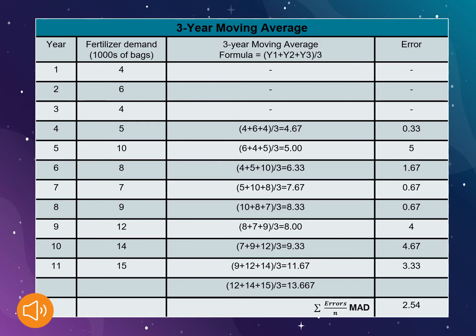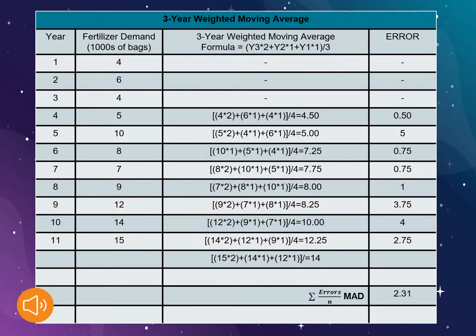So we're going to move to the next table. Here, I am showing you the 3-year weighted moving average. This forecast is quite the same as the moving average method, but there is a twist. Each data point has its own weight. If you remember, for the weighted moving average, the year nearest to the forecasted year has a weight of 2, and the other 2 years each have a weight of 1.